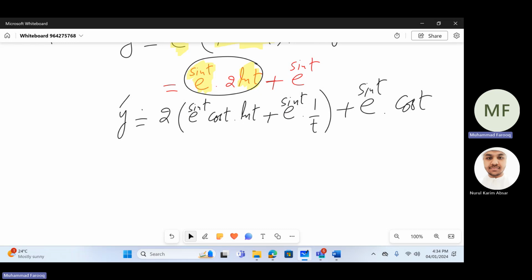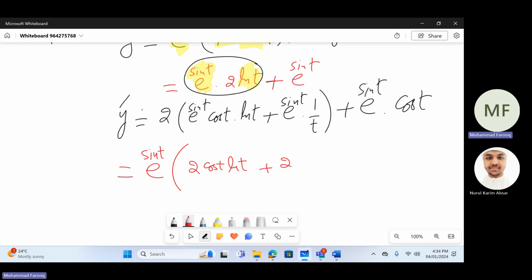So what we get here: 2 times cosine t ln t, then plus 2 over t, and then plus cosine t. Not taking a common factor is still good. It's okay, no problem.